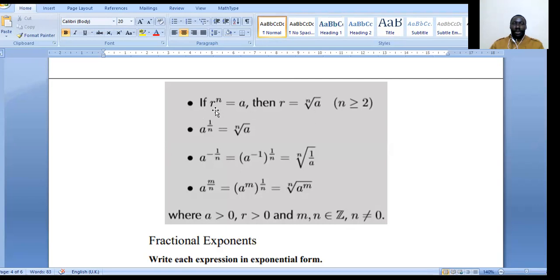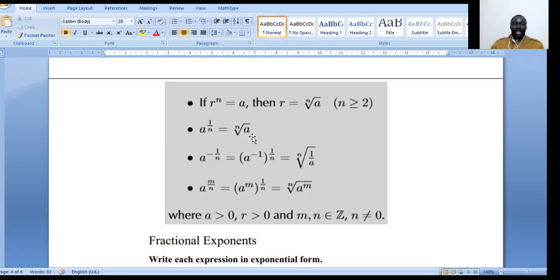That is now solving for R. When we solve for R, we will get the nth root of a for as long as n is greater or equal to 2. In other words, R will now be equal to a with exponent 1 out of n, which is what we call the nth root of a.